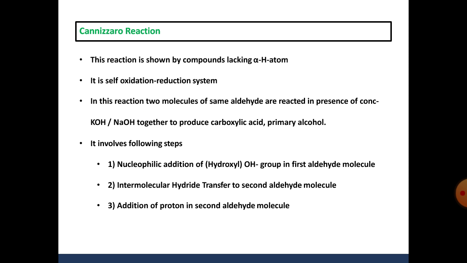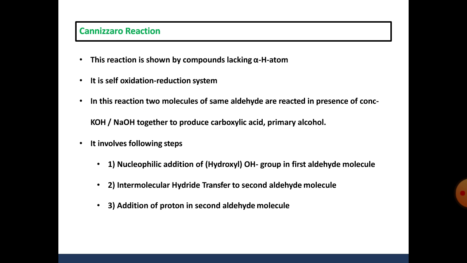In the Cannizzaro reaction, when two same aldehyde molecules react in the presence of a base like NaOH or KOH, they convert into a carboxylic acid and an alcohol simultaneously. This reaction is named the Cannizzaro reaction.